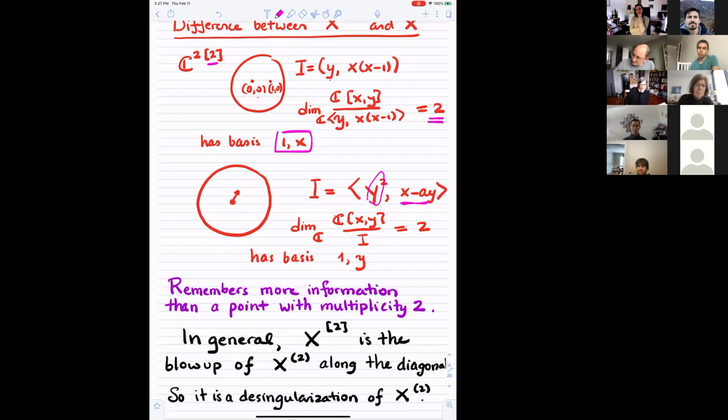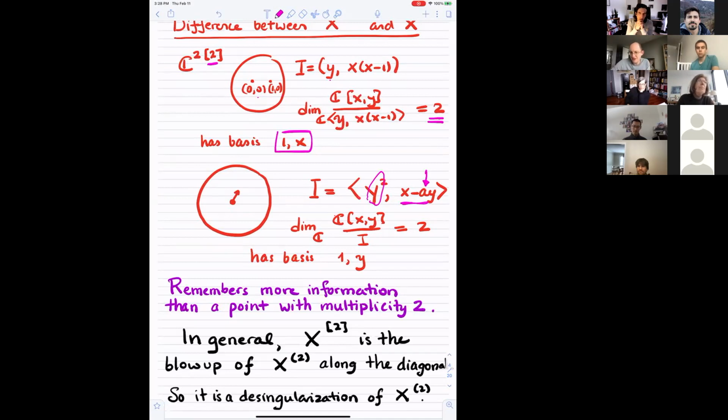But you see, if I was just looking at the symmetric product, then the 2 points become the same. And then, all you remember is that you have a point with multiplicity 2. But you see that the Hilbert scheme already remembers more information, right? Because as I change this a, I get different ideals.